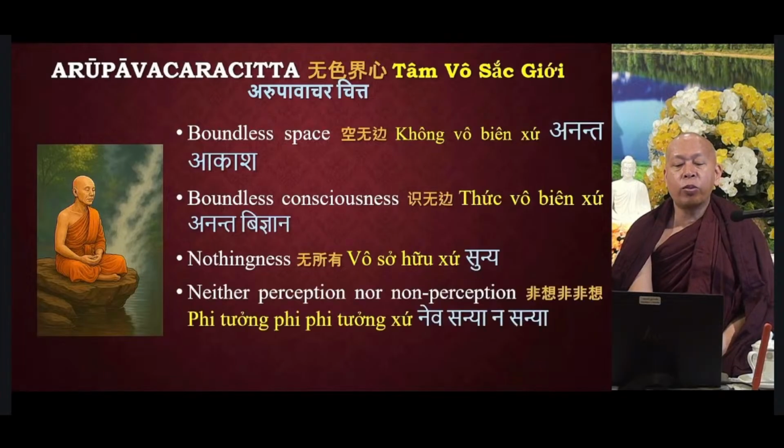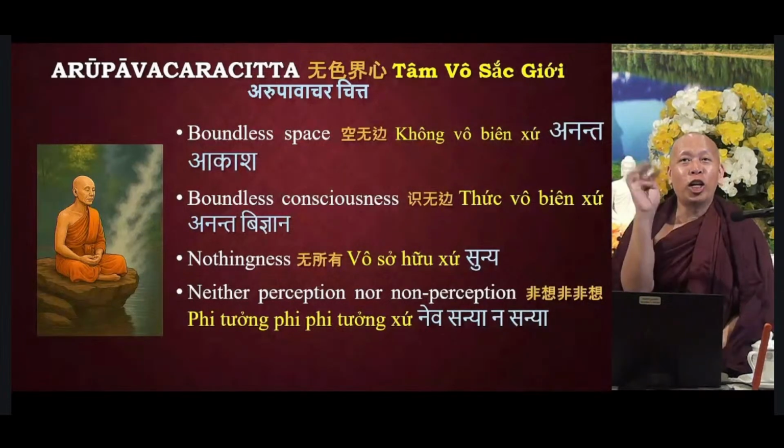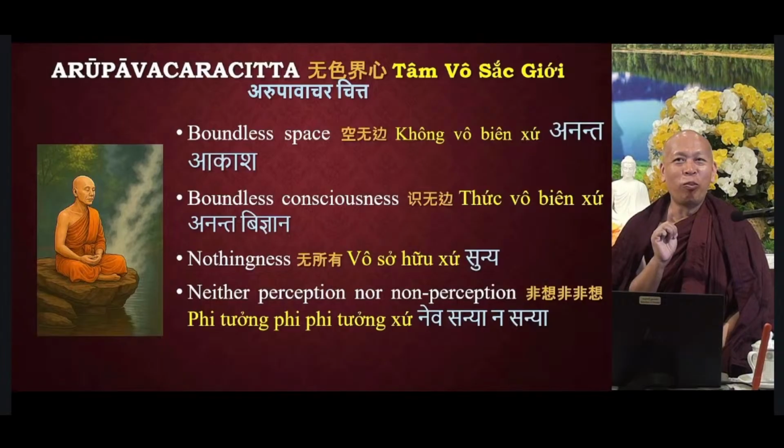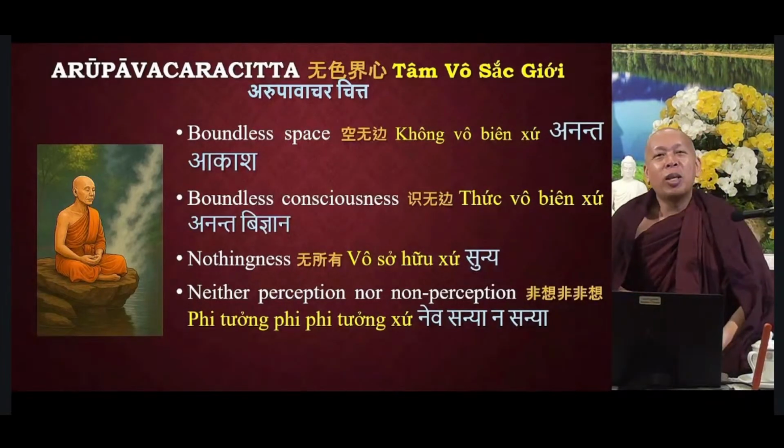Okay, now we have the last one: neither perception nor non-perception. So we have many negatives, right? Neither perception nor non-perception, three negatives, you can also understand. You may know the theory, right? If we say two negatives, it becomes positive.